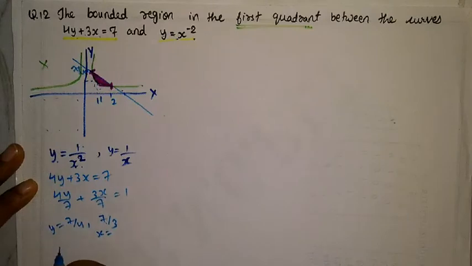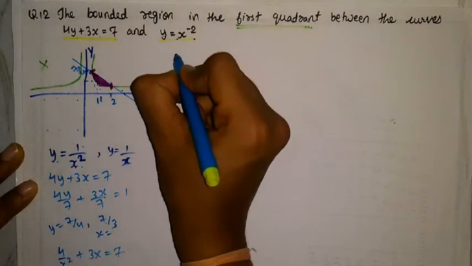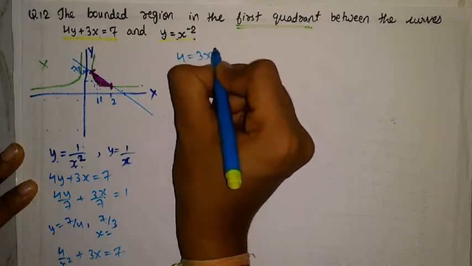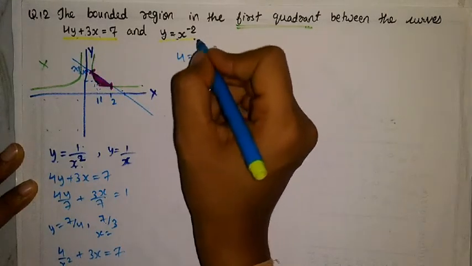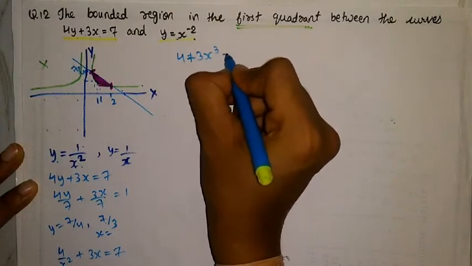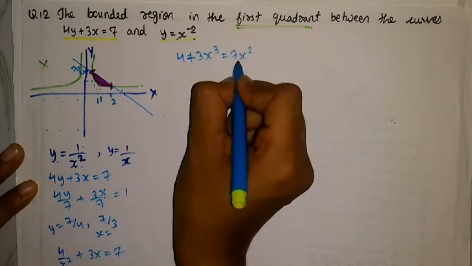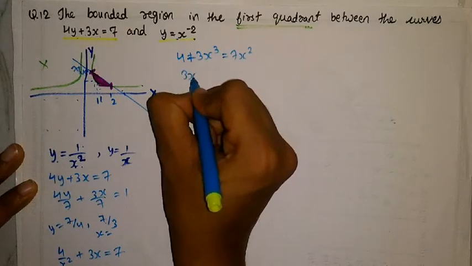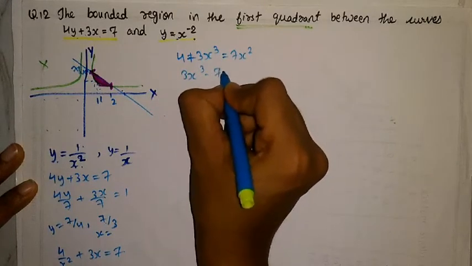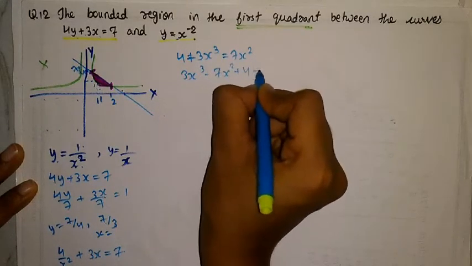So we get 4 upon x square plus 3x is equal to 7. Now solve this equation. So 4 plus 3x cube is equal to 7x square. Now take 7x square this side. So 3x cube minus 7x square plus 4 is equal to 0.